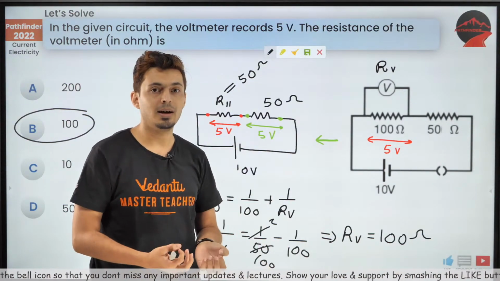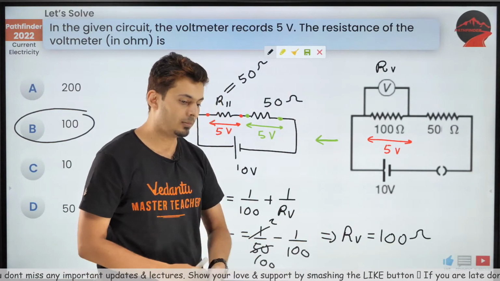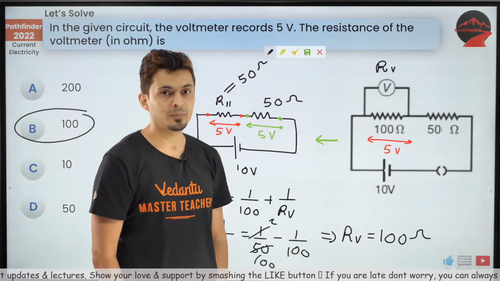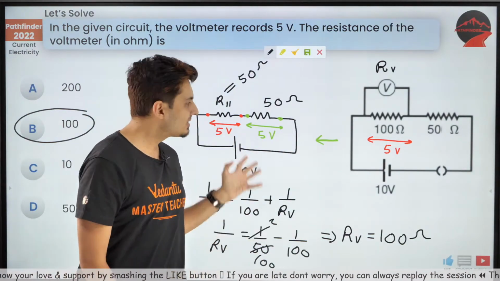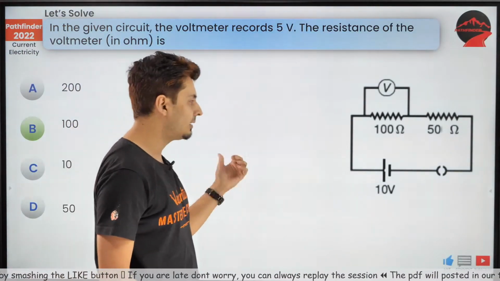I never have asked any of my students to memorize a formula for voltmeter and ammeter, because that will not be correct. That means you're not understanding what is an ammeter, what's a voltmeter. You just have to solve it like a resistance in series or parallel problem. That's the answer, 100 ohms.